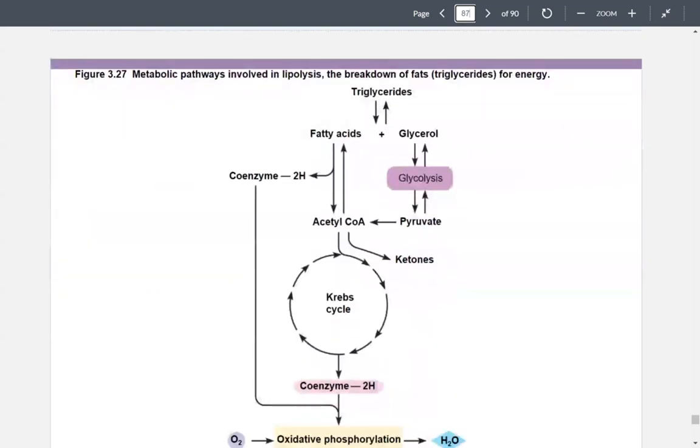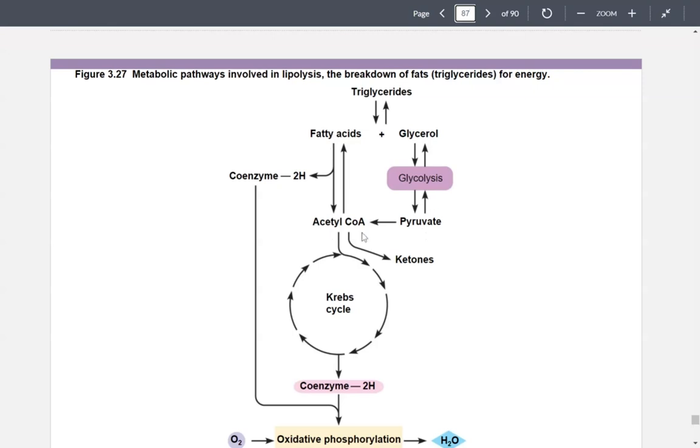All right. To convert that triglyceride into energy, we need to undergo the lipolysis, which is the breakdown of those triglycerides into energy. We've got to remove the glycerol from the fatty acids and then chunk the fatty acids into carbon bite-sized pieces. Glycerol goes into glycolysis, becomes pyruvate.